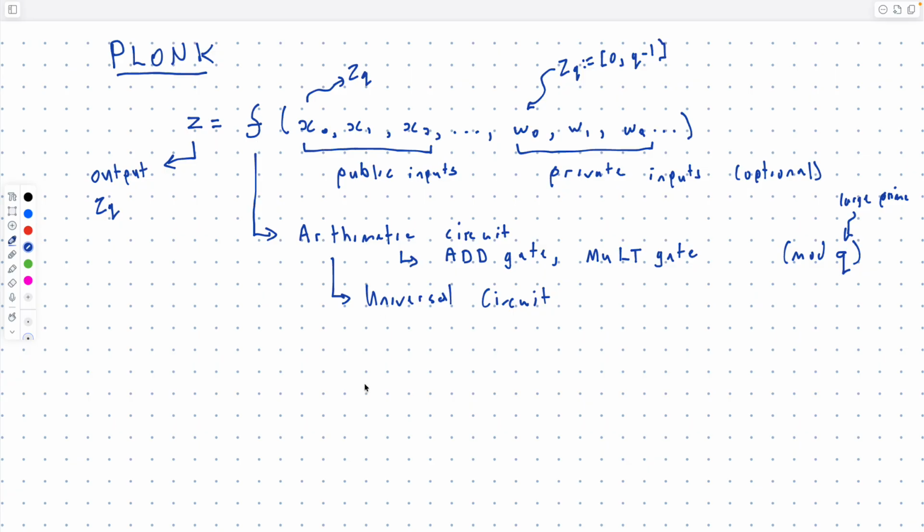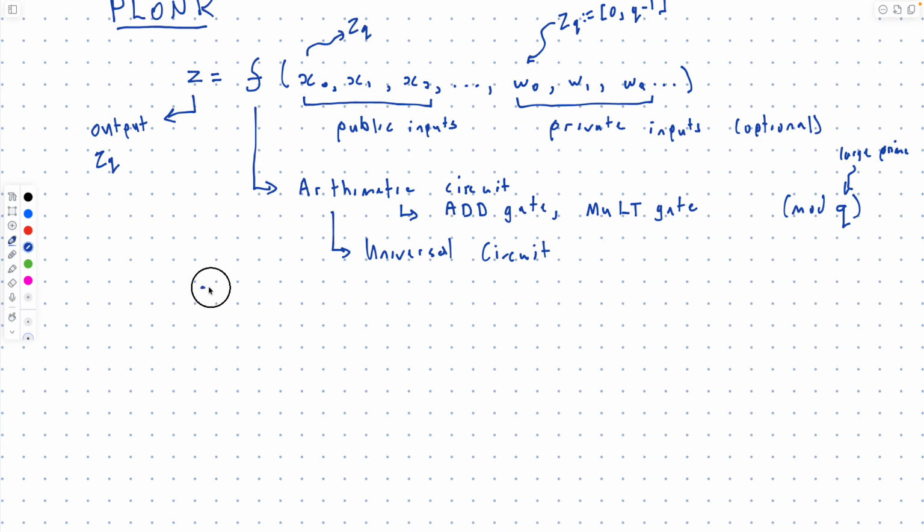Okay. So the output of the ZK system will give you a proof, which will always denote pi. And so it either proves that Z is correct. So this we call the SNARK system.